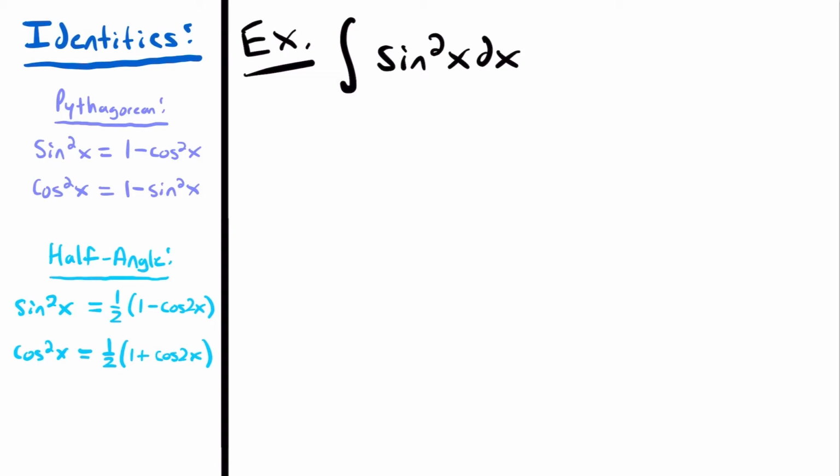Now in this case, in order to solve this integral, we are going to want to make sine squared x simpler. In other words, we want to rewrite this to have a trig function to the first power rather than to a second power like we have here.